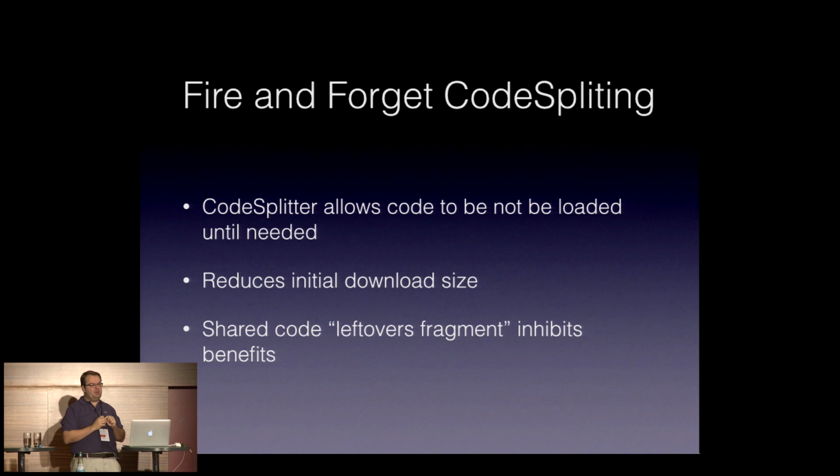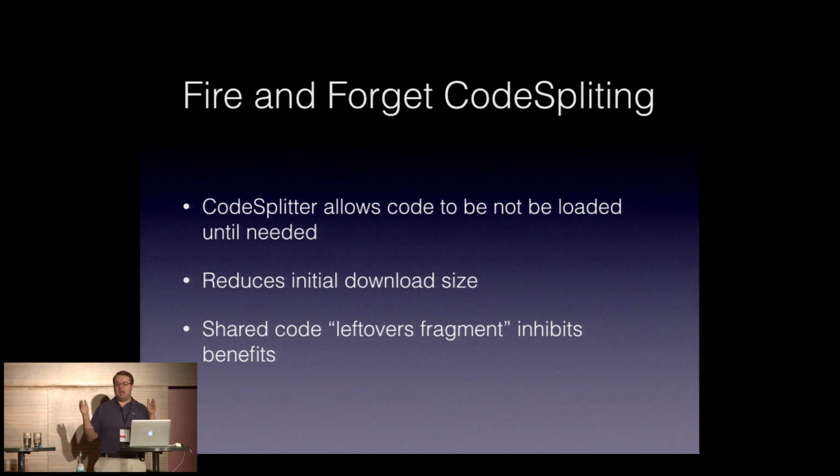If you've ever seen the directory on disk that has those numbered .js files, like 1.js, 2.js, and so on, the highest numbered one, like if you have 20 split points, number 20, is the shared library. It's called the leftovers fragment. One of the landmines of code splitting is that the more split points you add, the higher the probability that there's some shared code between any two of them.